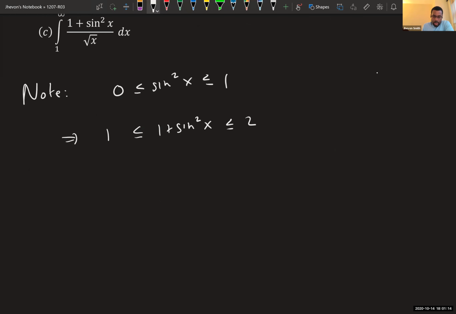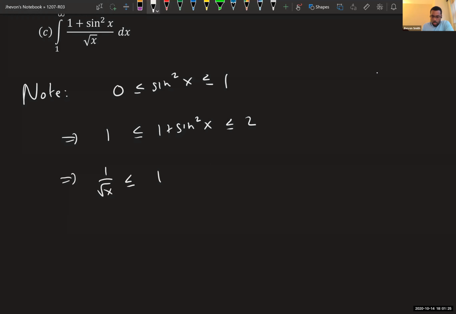And if I can divide all sides by radical x, 1 over radical x is less than or equal to 1 plus sine squared x over radical x, which is less than or equal to 2 over radical x. Radical x is going to be positive, in fact, when x is 1 or bigger, so I don't have to turn the signs around. So now I have these comparisons. Which one is going to be useful? They're all actually greater than 0. So I would know the following.